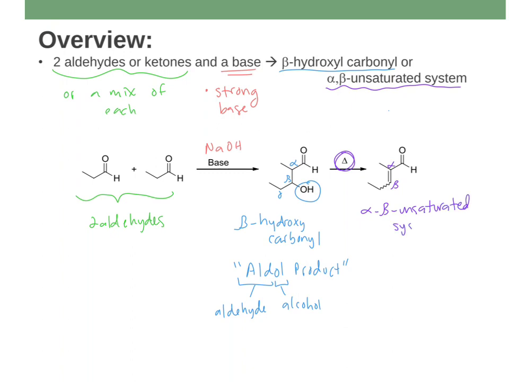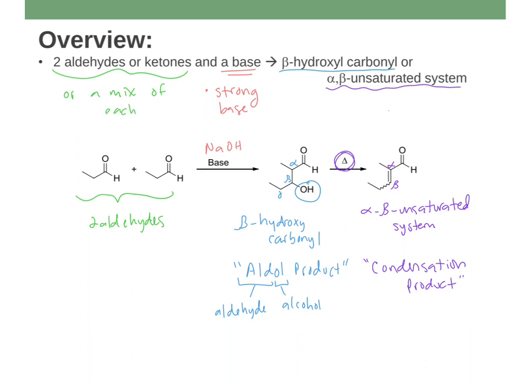Because you have an unsaturation, an alkene between the alpha and beta, it could also be an alkyne, for example. This is what we call the condensation product.